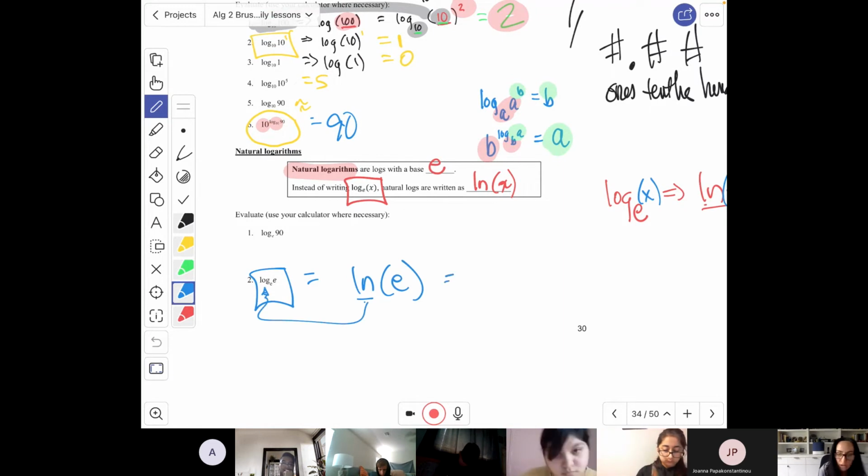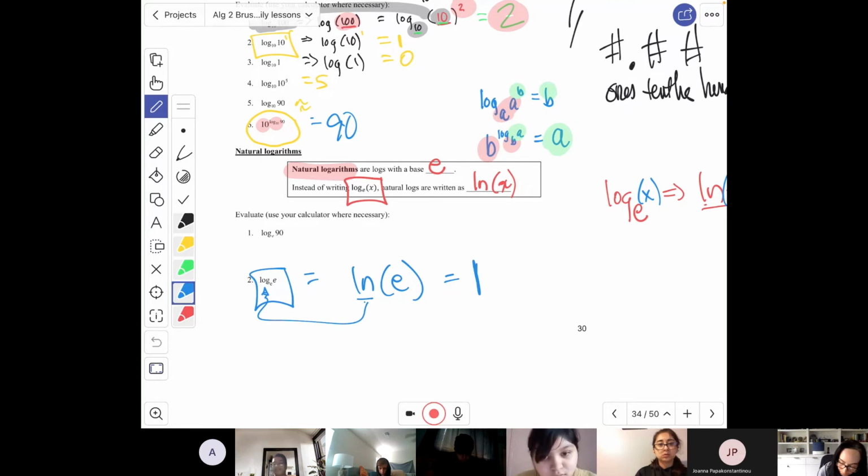Why? Because then we could simplify to what? Easily. There's no work to be done on this one. What does this equal? Using the rule from the top of the page, what does that equal? 1.